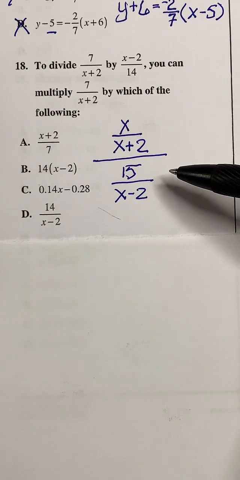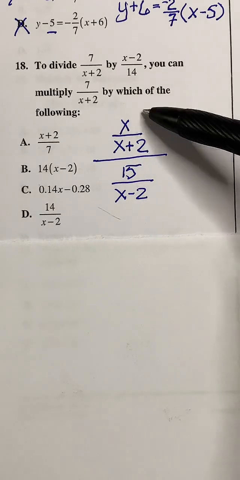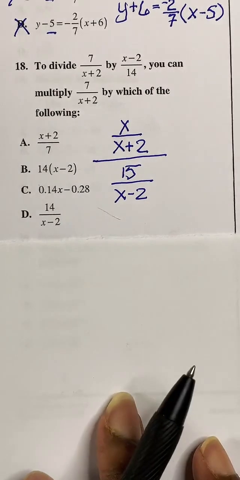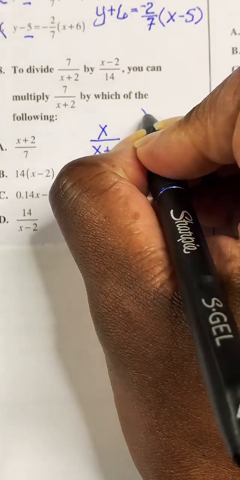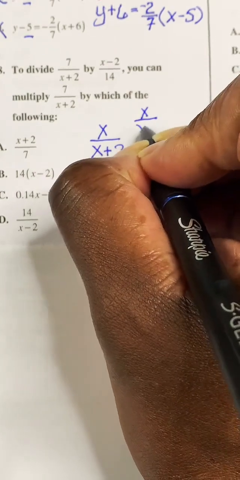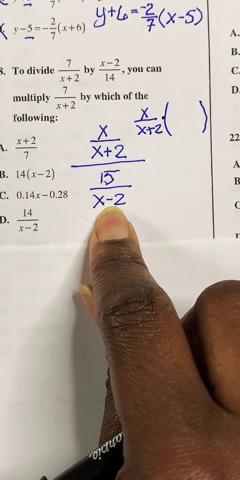So instead of having this double-decker type thing, like BLT sandwich levels, we take our numerator, which is x over x plus 2, and multiply by the reciprocal of the denominator.